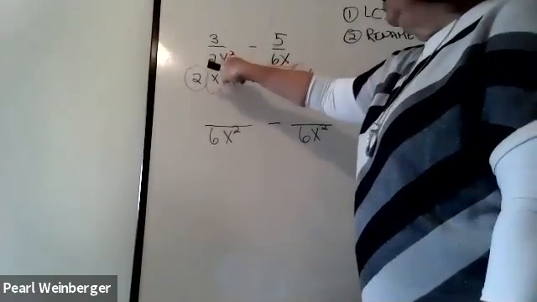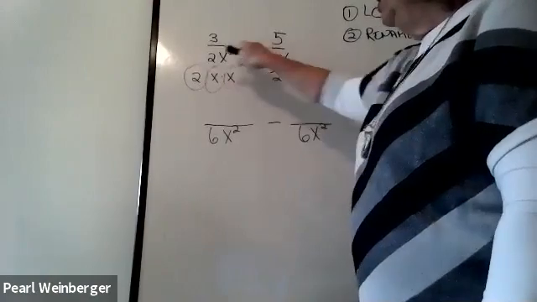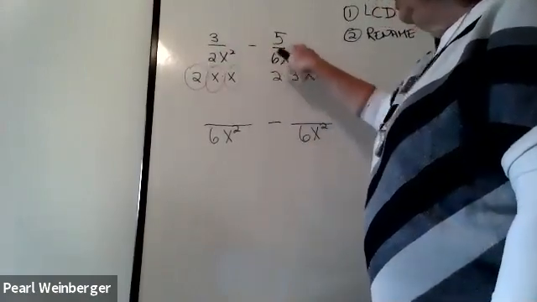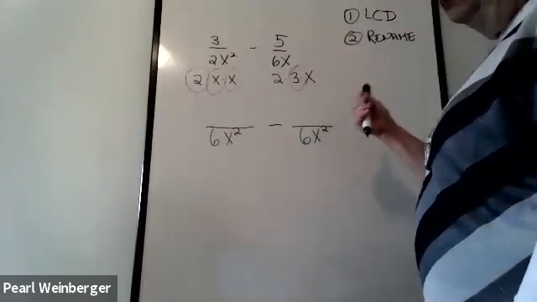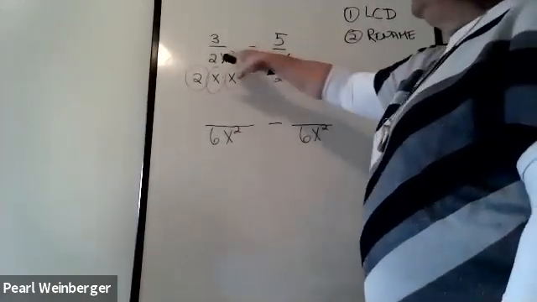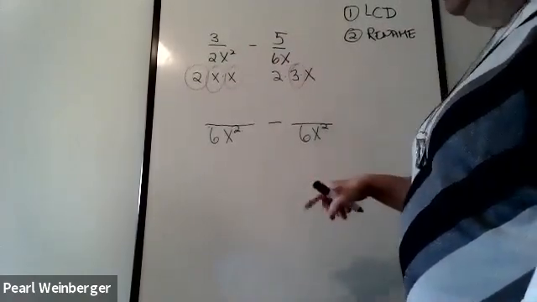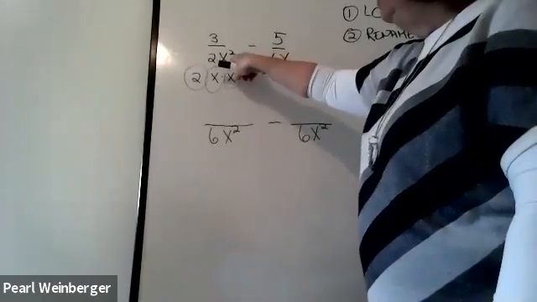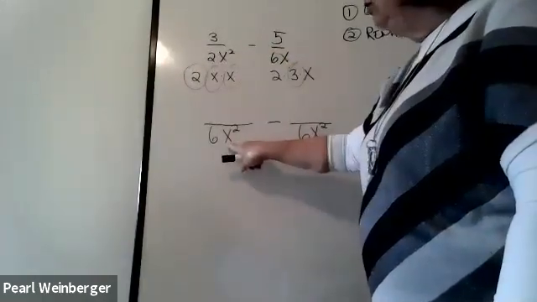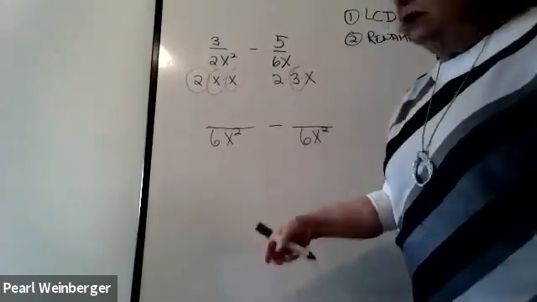What about the variable parts? Well, I look at whatever letter I have. In this case, I have an x squared. If I have a variable in my denominator, then I just take the highest exponent of that variable. There's an x squared and an x. The highest exponent is 2, so x squared is the variable part of the common denominator.